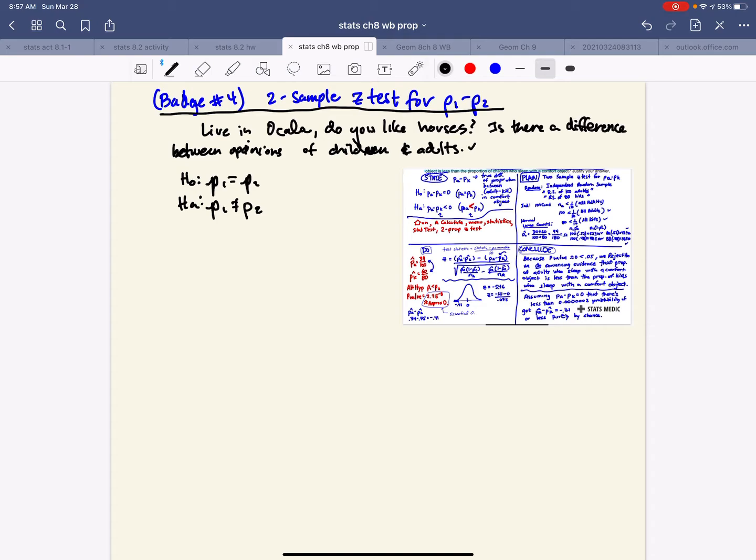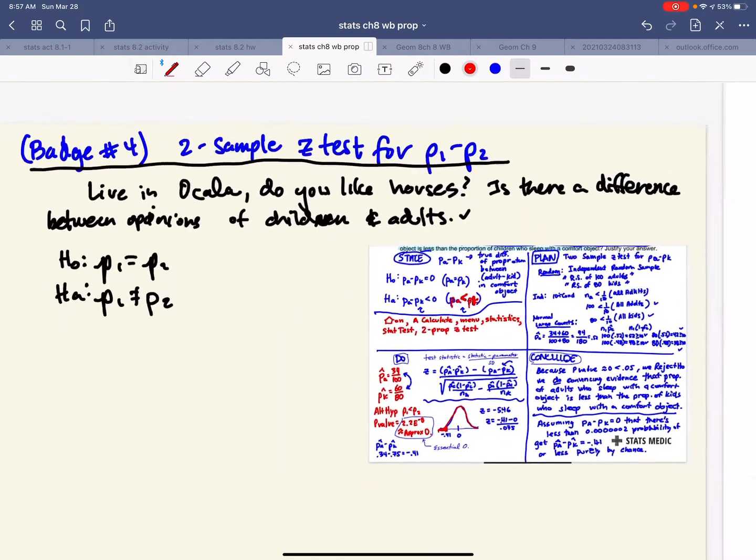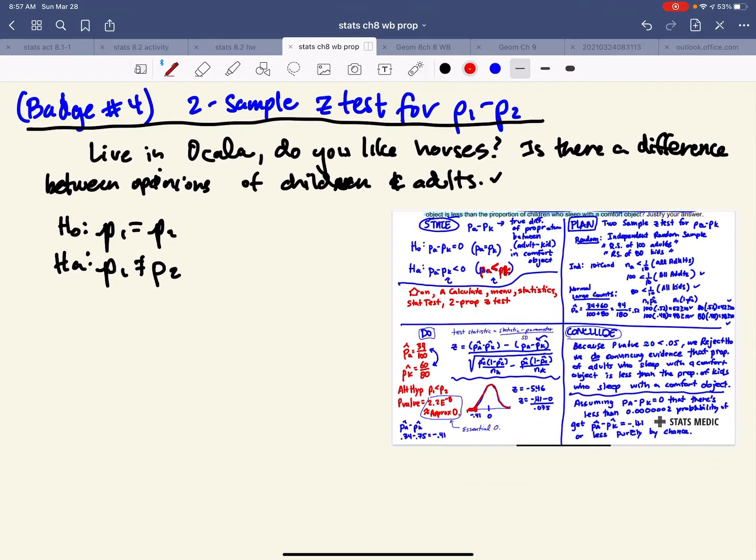In our prom, we had a sneaky suspicion that kids would be more comfortable with their comfort toy. If you look down here in our notes, that's why we did a one-sided test, because of this less than sign. See how we are going toward the negative numbers. Here our fact scenario just says, is there a difference? So that means I'm going to have to get both sides. This is called a two-sided test because of how they've asked the question.